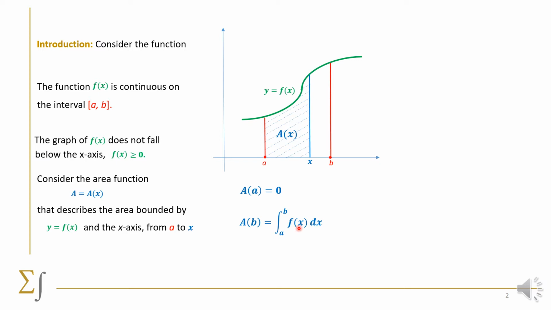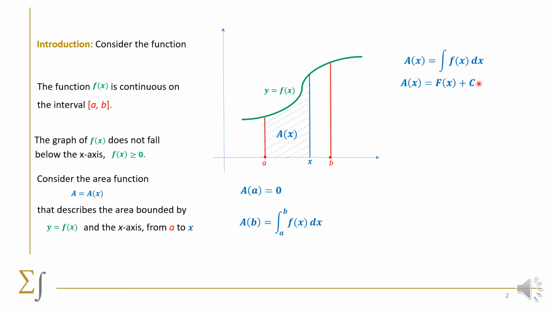Now we have the antiderivative function of this function f of x. We always call it capital F of x. So if I consider the area to be the integral of the function f of x from a to x, we can get this result that A of x is the antiderivative plus the constant of integration.